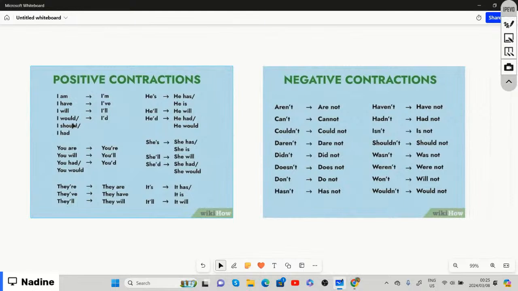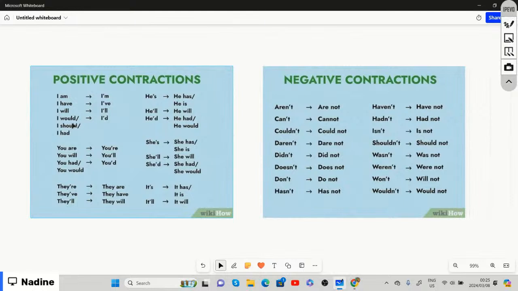They are, we are, you are, I'm or I am, I'd or I would, I should, I will, he will, she will, right? So these are basically positive contractions, right? So with positive contractions, we only say positive things, nothing negative, right?